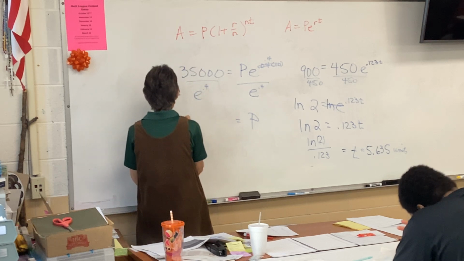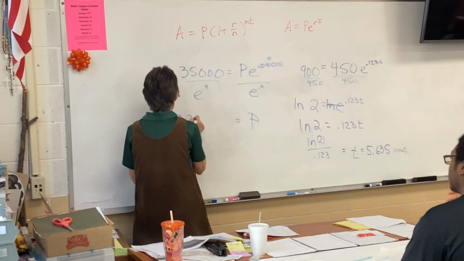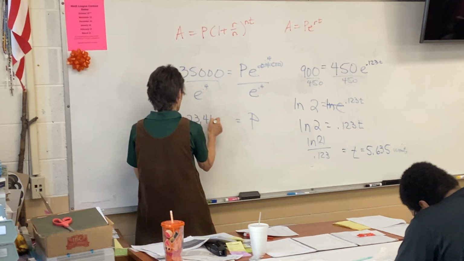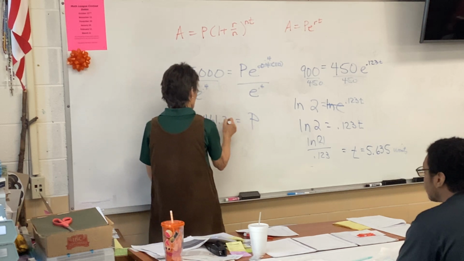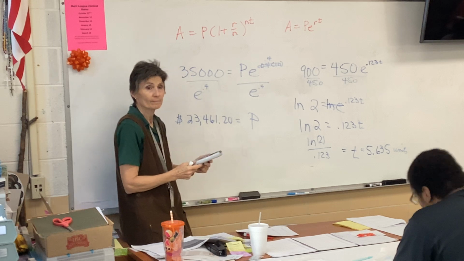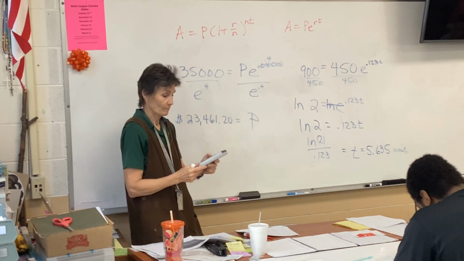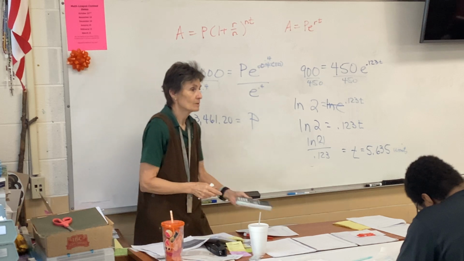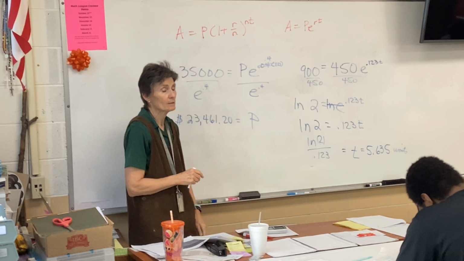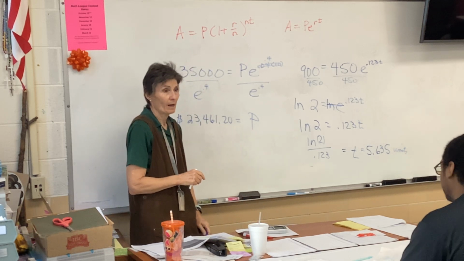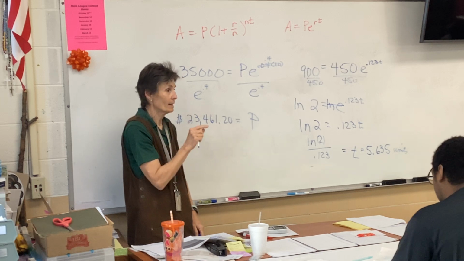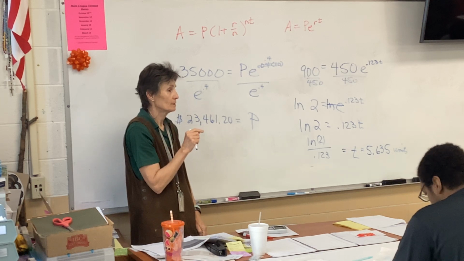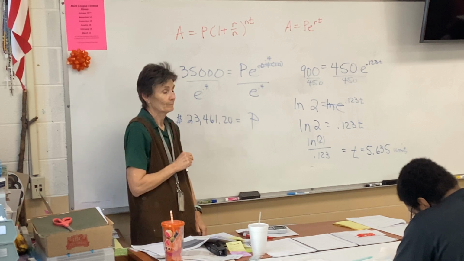And hopefully you got $23,461.20. So we took 35,000 divided by second ln, that's how you get e, 0.4.